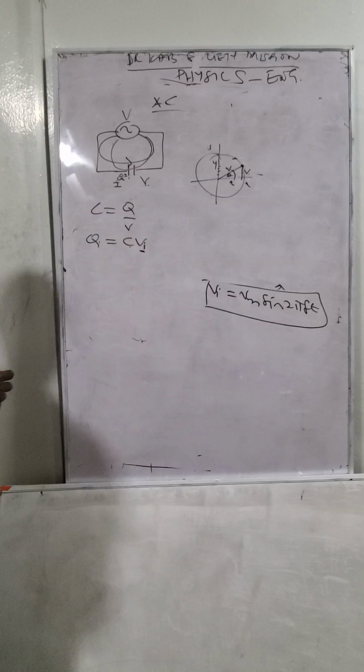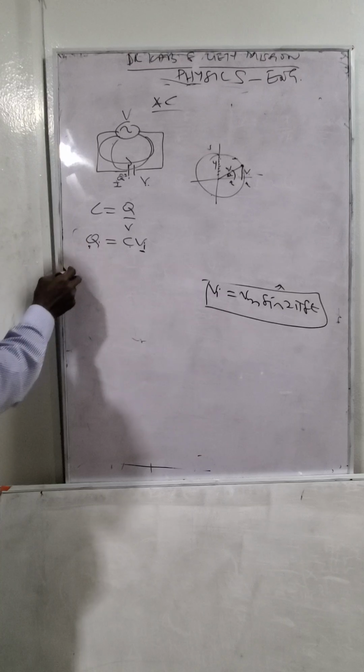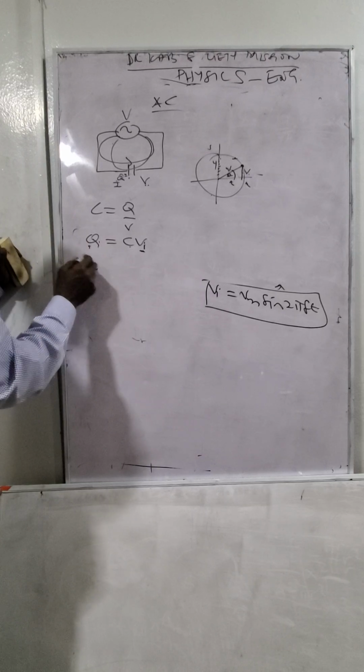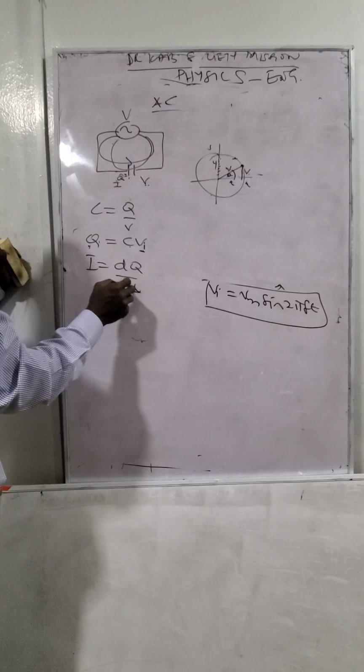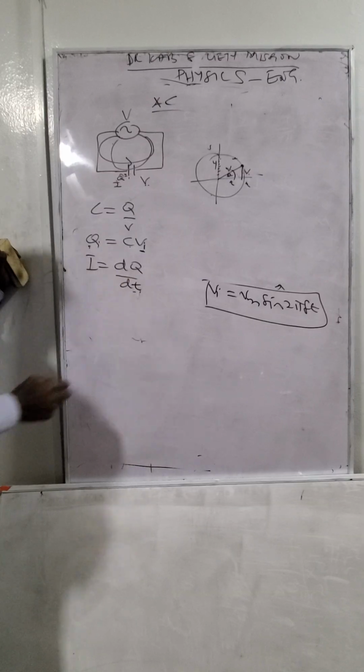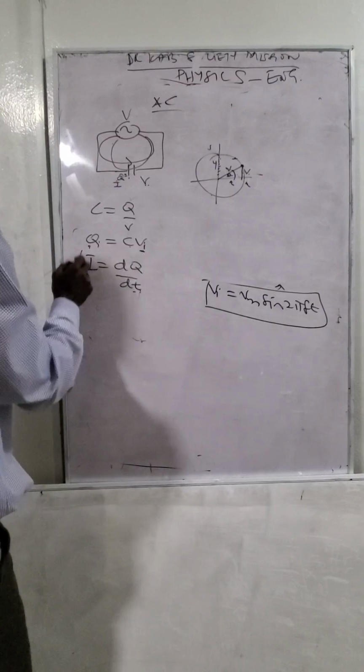Okay, right, so this charge can be expressed in terms of current as I is equal to dQ over dt. Okay, right, so we should also bear in mind this one.